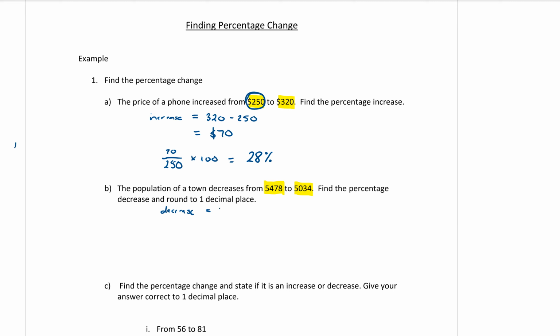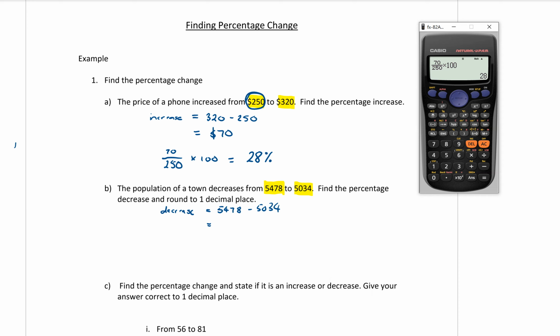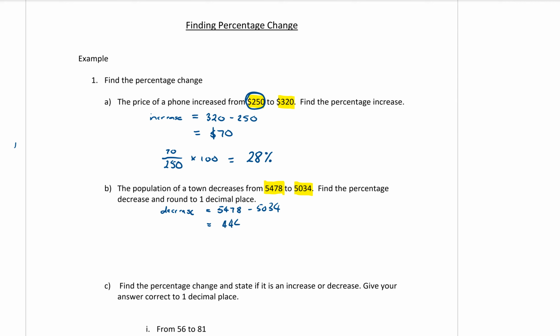So big number first, subtract the littler number. Okay, type that in the calculator. And that equals 444 people.